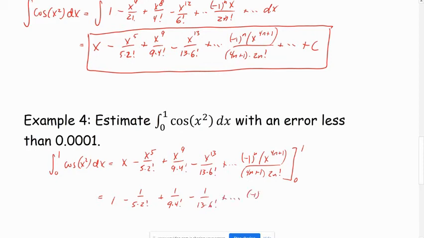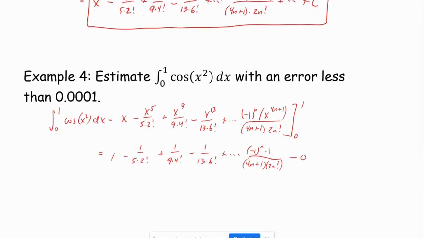It's going to be negative 1 to the n, 1 over 4n plus 1 times 2n factorial. And when we plug in 0, all the terms are going to become 0, so then it's minus 0. And so we want to estimate this with an error less than 0.0001.